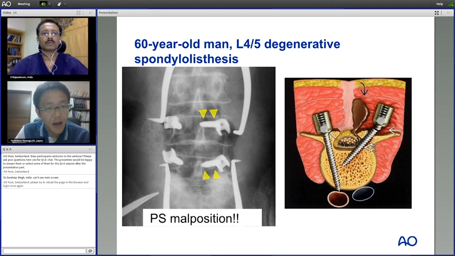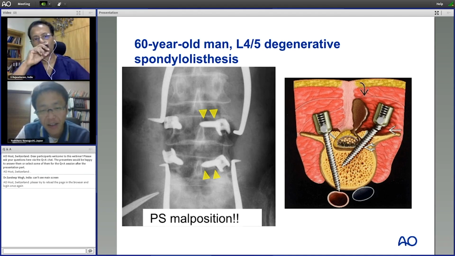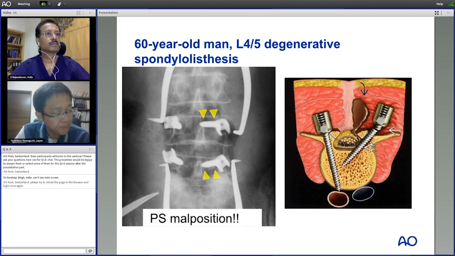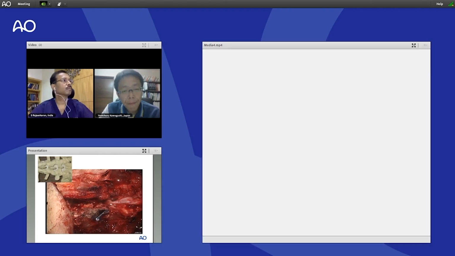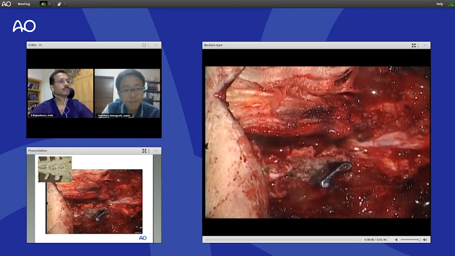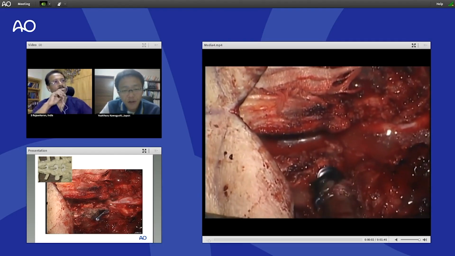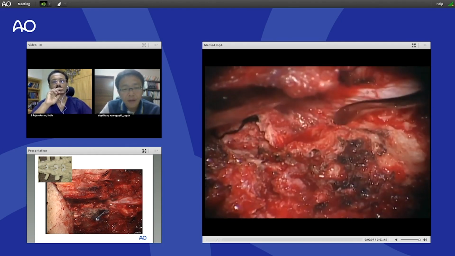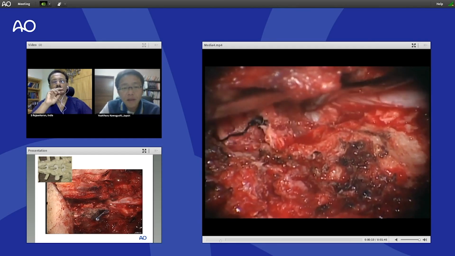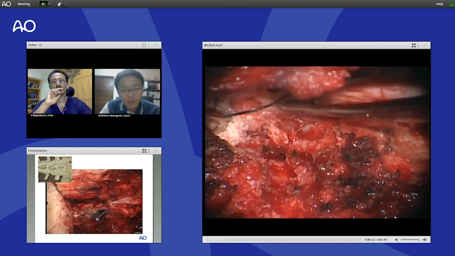So this is a case of a 60-year-old man, L4-5 degenerative spondylolisthesis. You can see malposition of the pedicle screw, like this scheme on the right side. The surgeon tried to remove the pedicle screw and tried to remove the small bone chip.